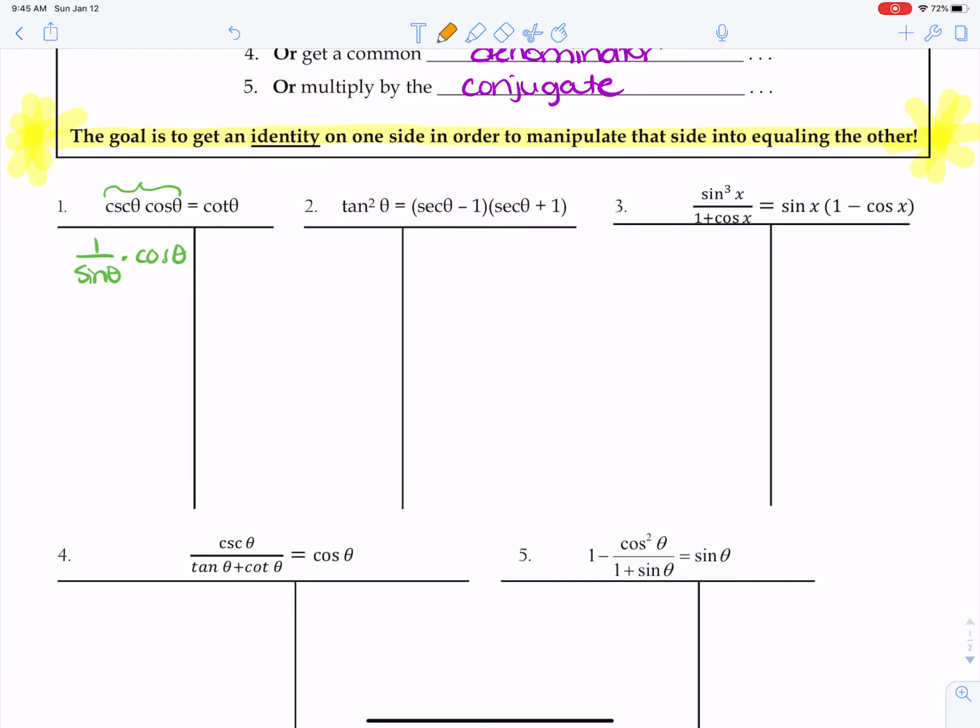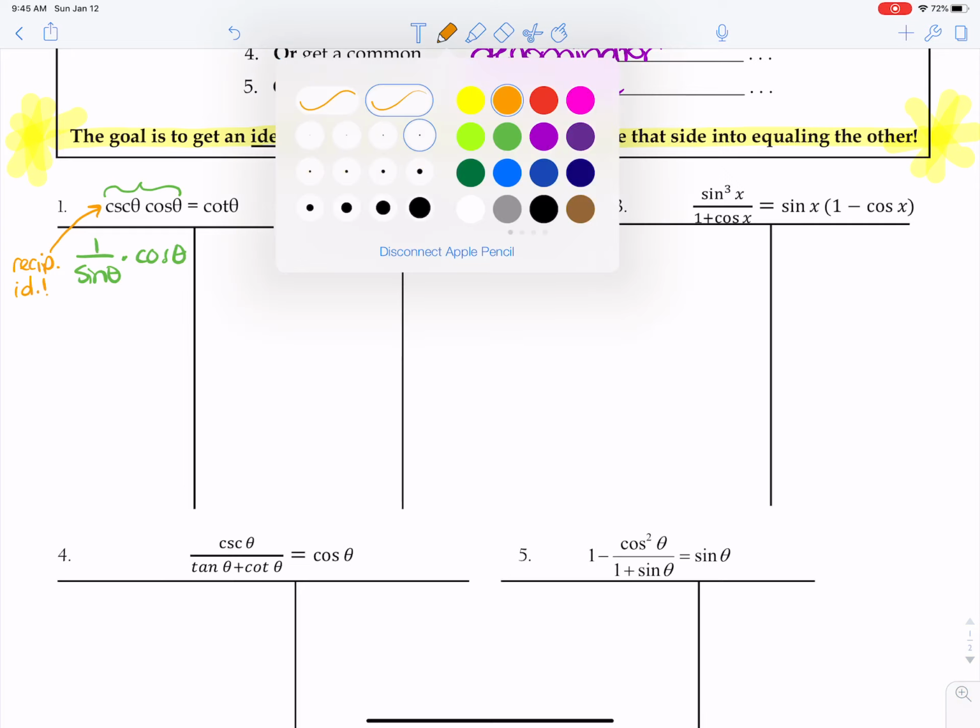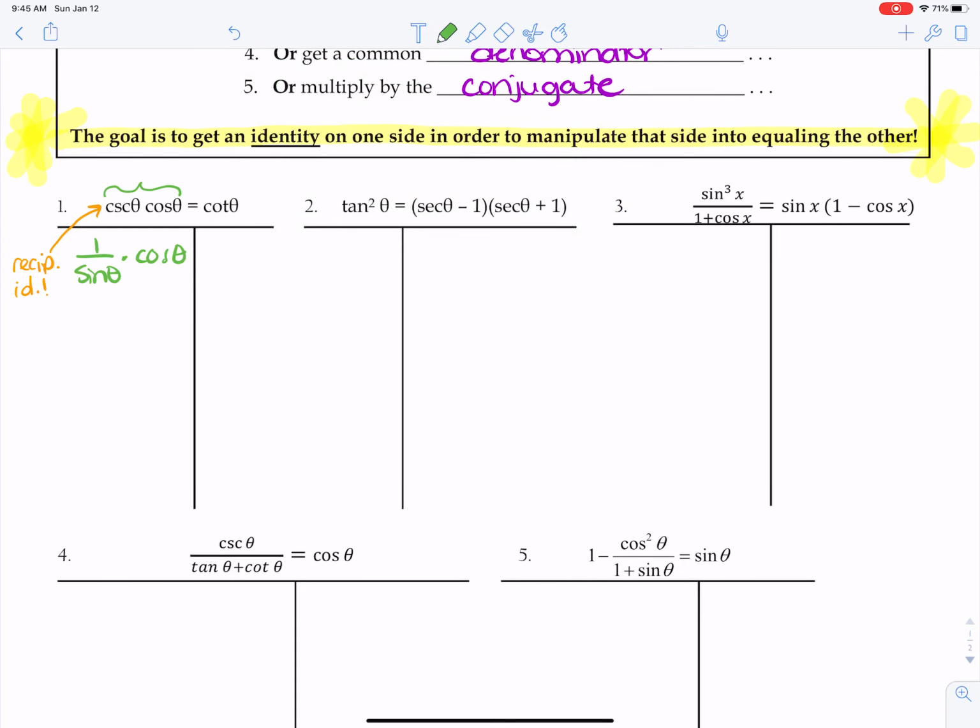And again, this is the reciprocal identity. I'm going to just abbreviate it. You don't have to put this every single time. I'm just showing you for the purposes of the notes. And then now we can multiply: cosine theta over sine theta. And cosine theta over sine theta, based on an identity, is cotangent theta.